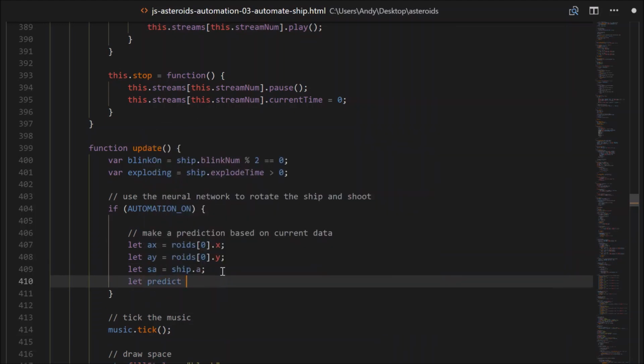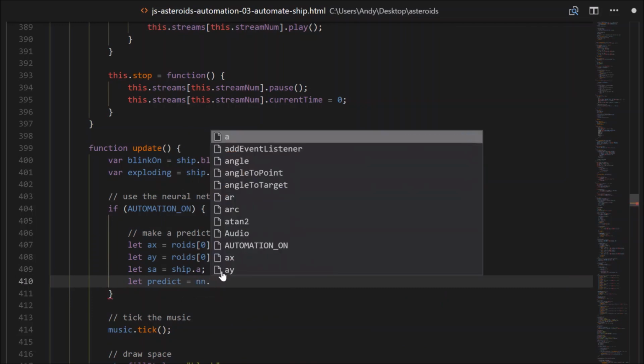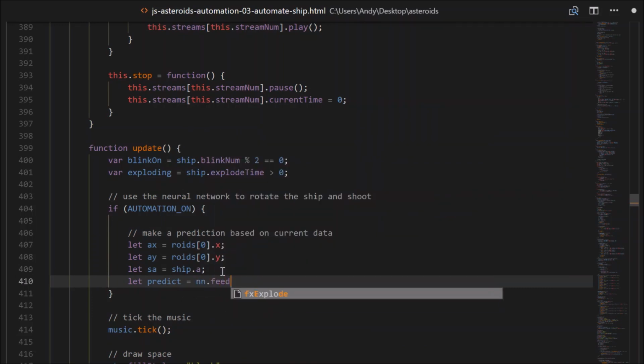Let predict equal, we just need to run our feed forward function. It will take the input array. So input array will be AX, but we have to normalize this, don't we? So hang on, do the normalize first. Normalize input.